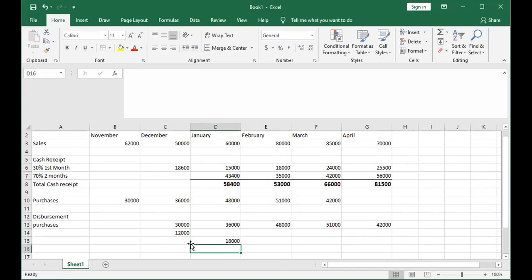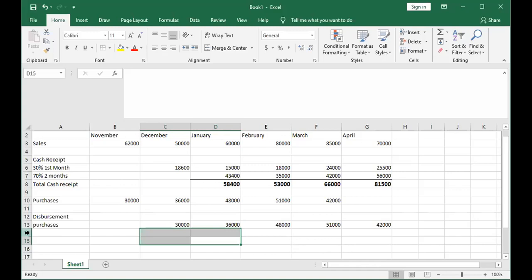This is purchases, and it can also happen like this. The example given to you in this slide is just a simple example, but you have to expect that your question will be harder than this example.